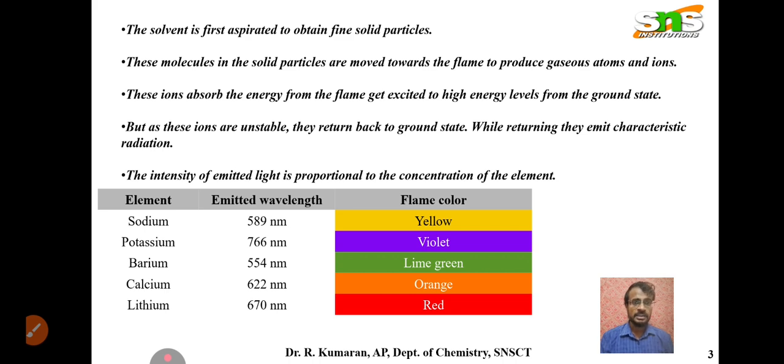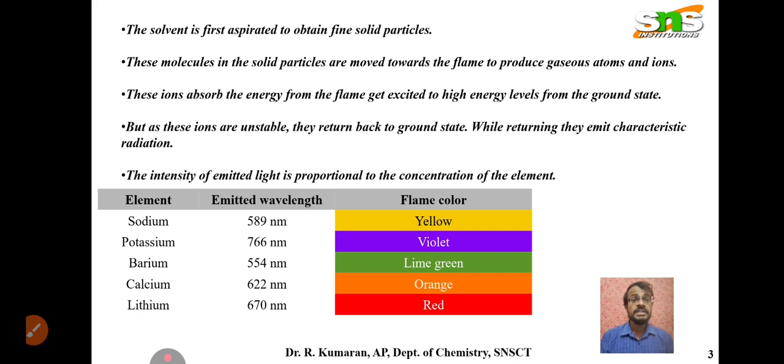These ions absorb the energy from the flame and are excited from the ground state to higher levels. But as these ions are unstable, they return back to the ground state again. While returning, they emit characteristic radiation.